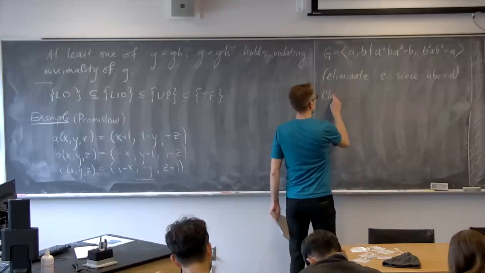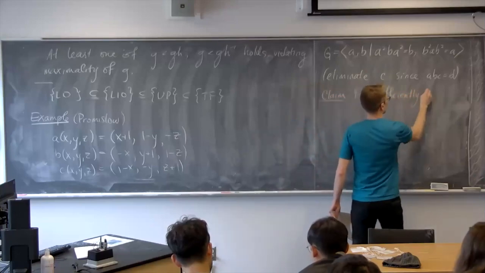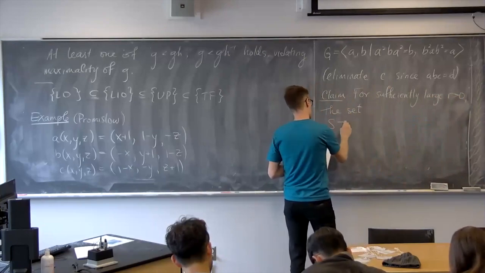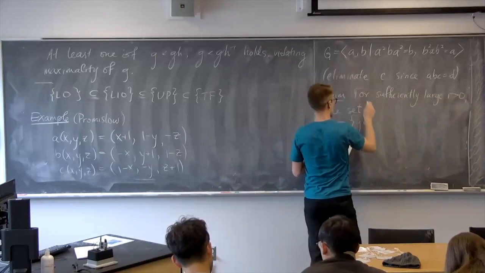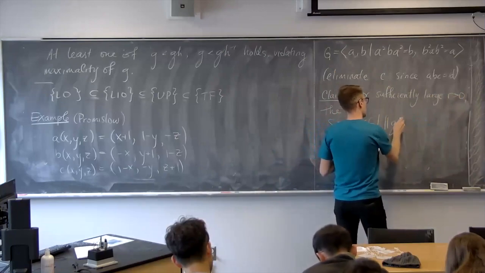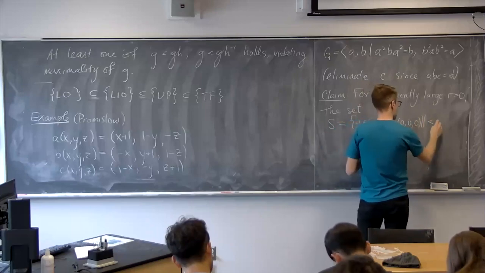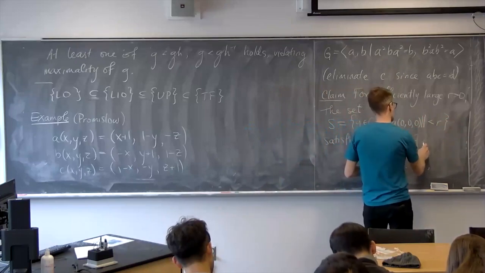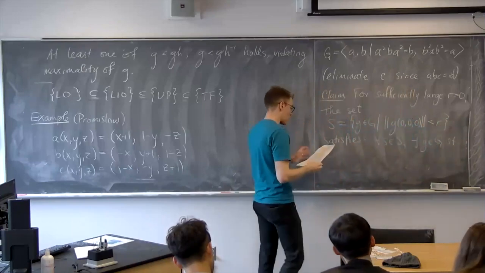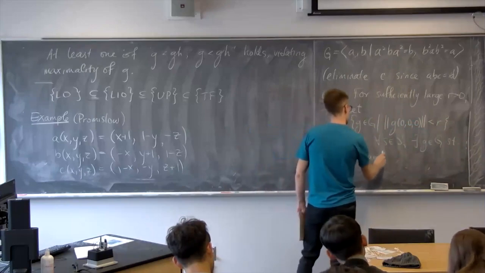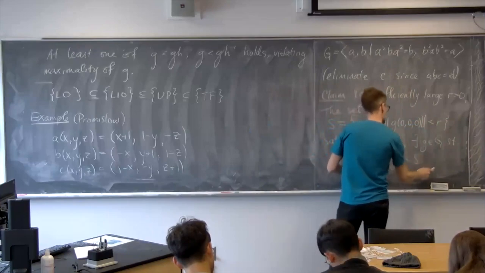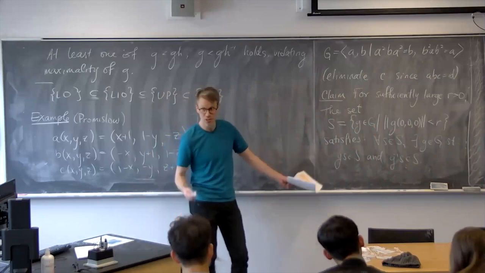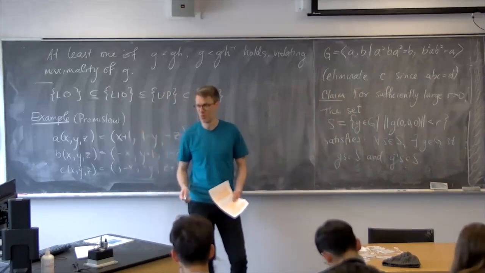The claim is that for sufficiently large R bigger than 0, the set S, this is going to be all the elements g of G such that g of (0, 0, 0) has norm less than R, satisfies: for all S in S, there exists g in G such that gS is in S and the inverse of S is in S. So it really is use this action and be clever about your choice of g for a given S, and then just observe that by taking R large, your argument will work.